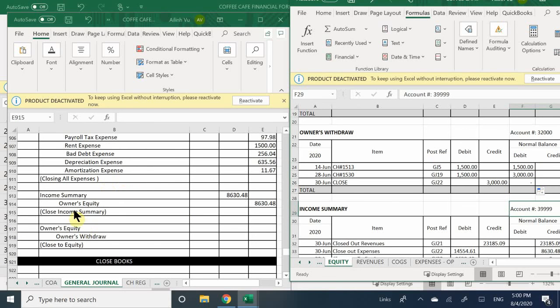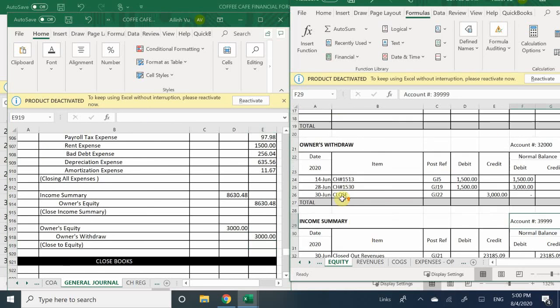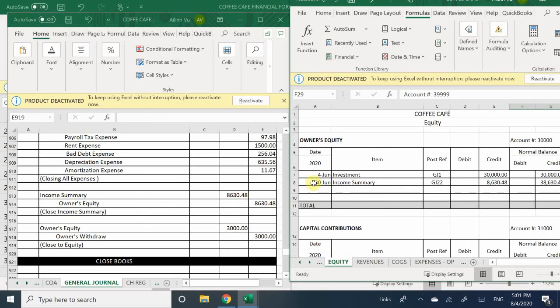And by me closing out, or crediting the $3,000, we're closing it out to equity. So we want to make sure that we go ahead and validate this information. So here we're going to go back up here and we're going to enter that in there. Close withdraw, and general journal number 22.